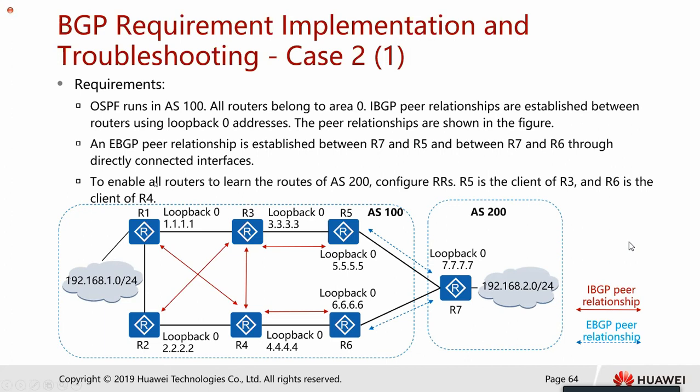To enable all the routers to learn the routes of AS200, configure RR. R5 is a client of R3. R6 is a client of R4.